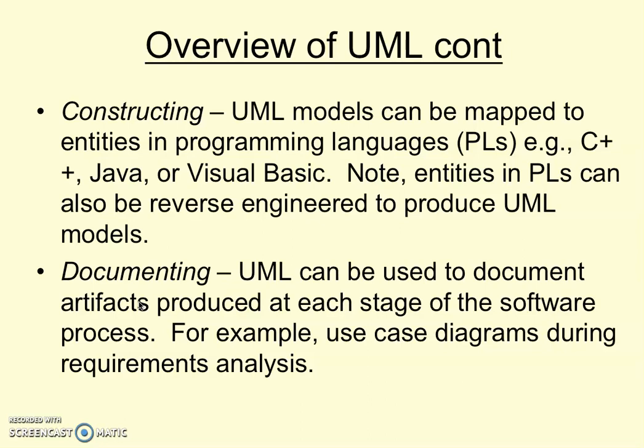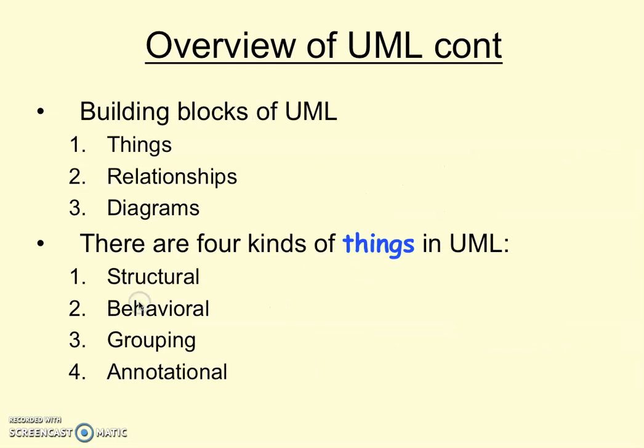And of course, there is the very important documentation. So UML is used to document artifacts that are produced at each stage of the software development lifecycle and process. So for example, when we're doing our requirements analysis, one of the things that we're going to be creating are our use case diagrams. We'll learn about that shortly.